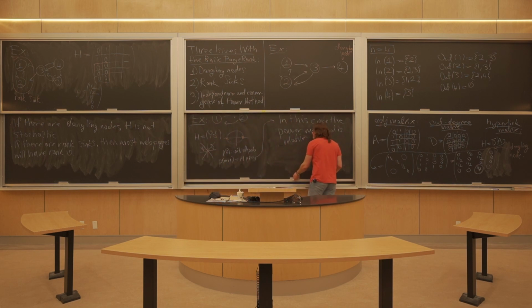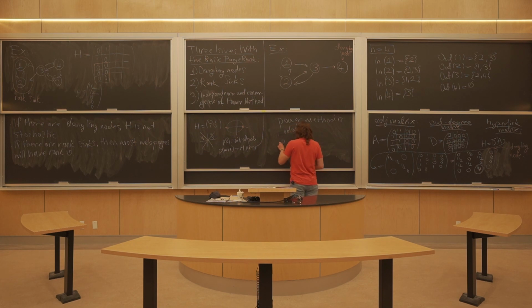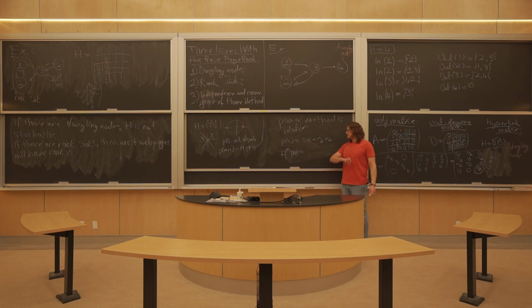You can write any initial condition like that. So let's say this is C1 times V1 plus C2 times V2. This corresponds to iterating h m times. So h to the m of P0 is going to be C1 times V1, right?